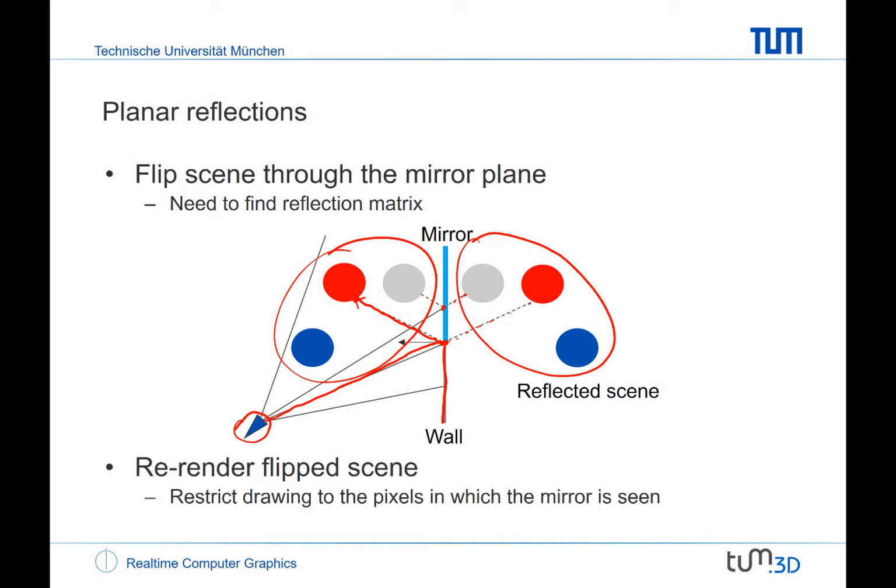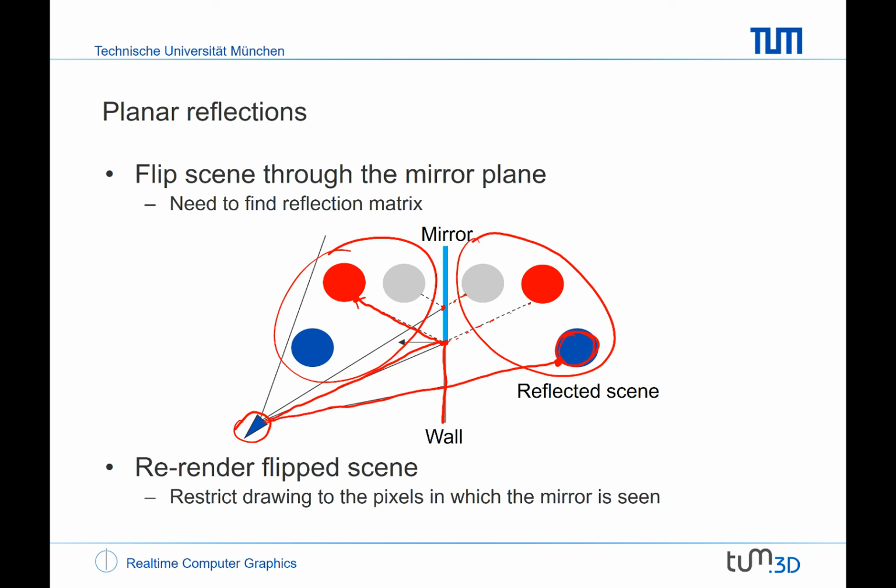And there's another thing we have to consider. If we re-render the flipped scene, we have to restrict drawing of the flipped scene to the pixels in which the mirror is seen. That is clear because, for instance, if we flip the scene to the other side and look in particular at this blue object here and follow the view ray, then it's clear that we would see the point here.